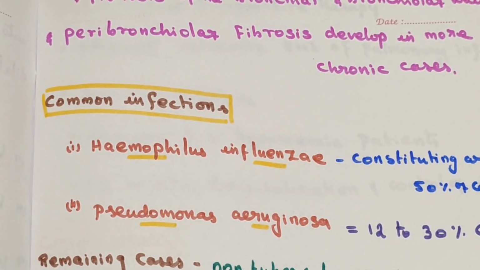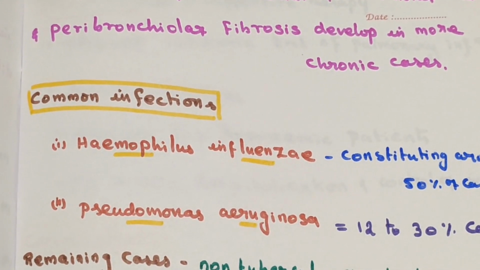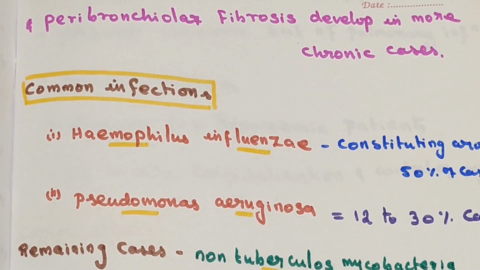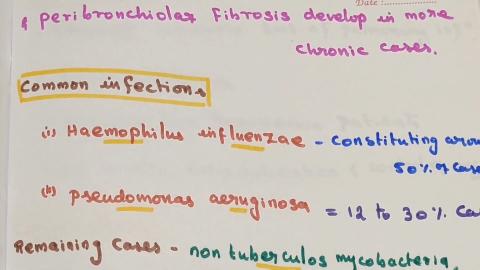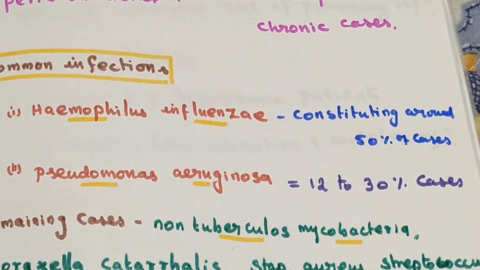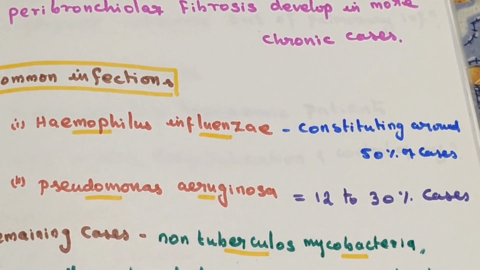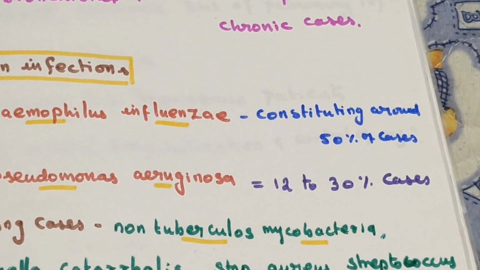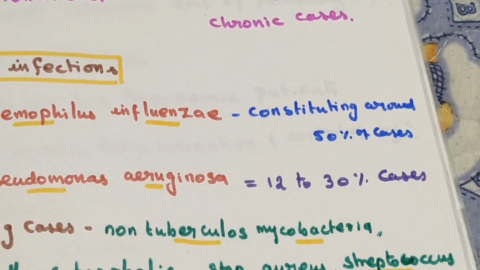Next, the common causes of infection in bronchiectasis are Haemophilus influenzae and Pseudomonas aeruginosa. Haemophilus influenzae constitutes around 50% of the cases.